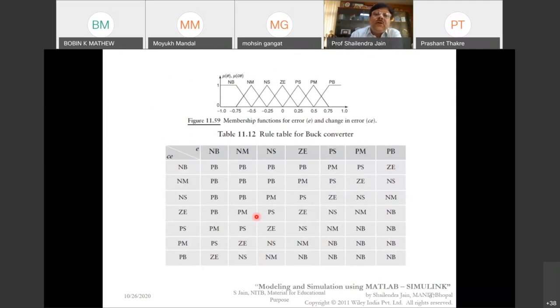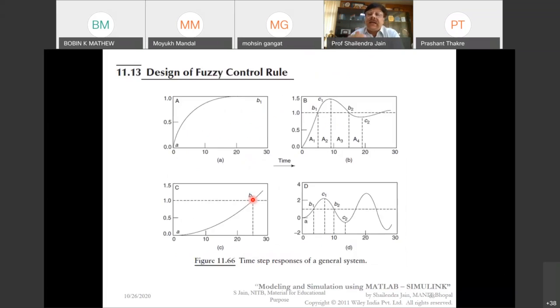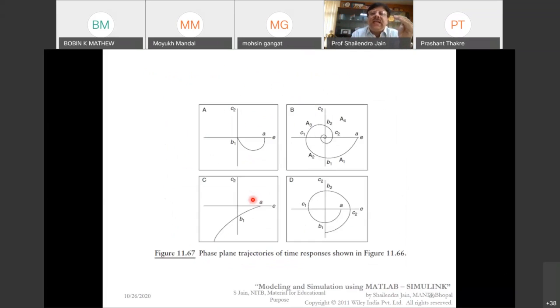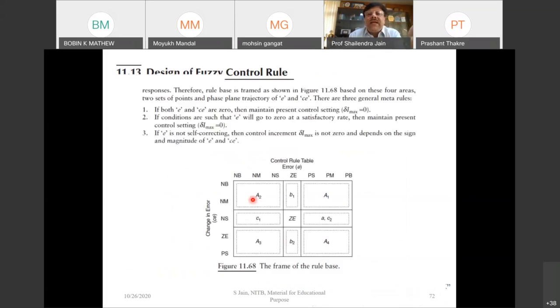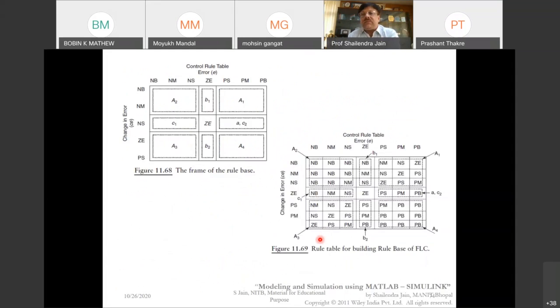Similarly here, positive medium, a particular pattern is being generated. So there are several optimization techniques we'll use to reduce the number of rules which need to be fired at a time. You can see here, all this is negative big, negative big, negative big, negative big. So except this particular case, the 49 rules are optimized if we are able to identify these areas.